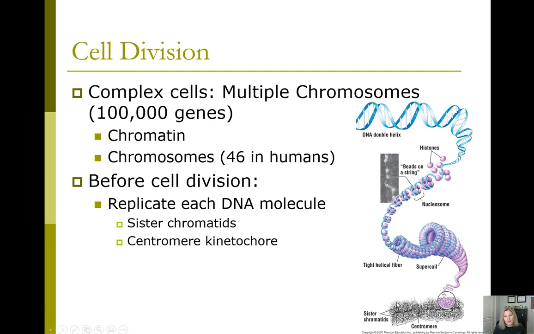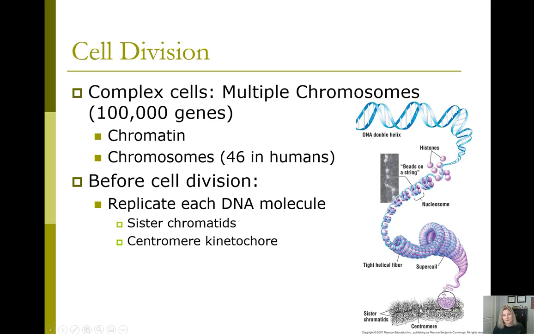Here's one chromosome that has been replicated, so now you see two chromosomes here. Those two chromosomes are held together by something called a centromere. A centromere holds the two chromosomes together. And since these are identical to each other, they're called sister chromatids.